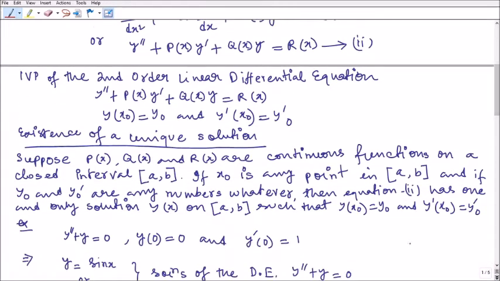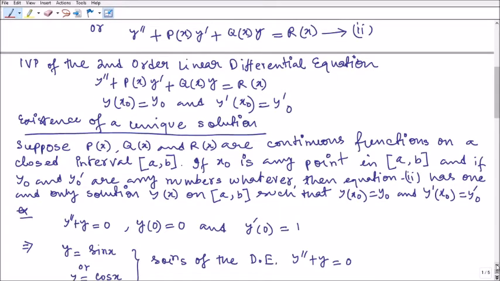Now we will discuss the existence of a unique solution. We already know the criteria for the existence of a unique solution: the function on the right hand side of the first order differential equation has to be continuous, and the partial derivative of the function with respect to y should be continuous.